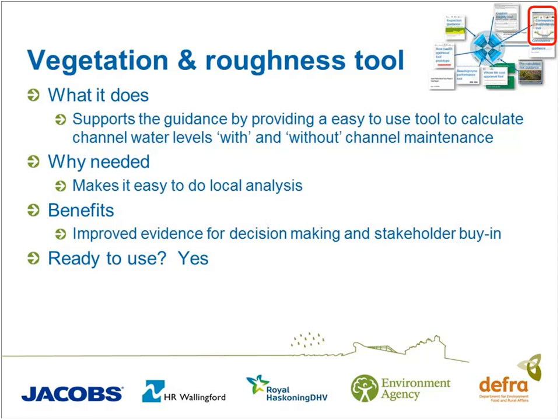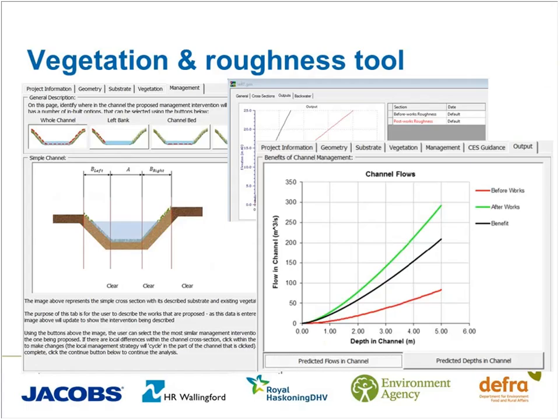And it's a tool that works inside Excel. You don't need anything special installed on your computer to use it, so it is available for use. Here are a few screenshots to give you a feel for it. There's a series of tabs along the top. You put in the data, such as the bed width, the channel depth, the slope and vegetation material.